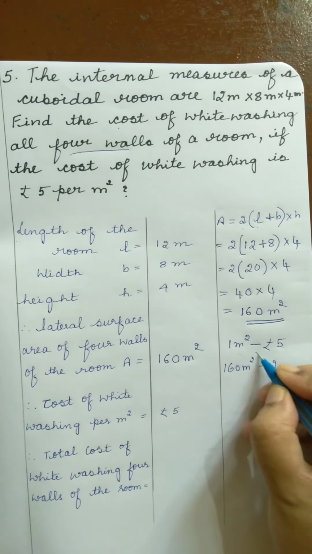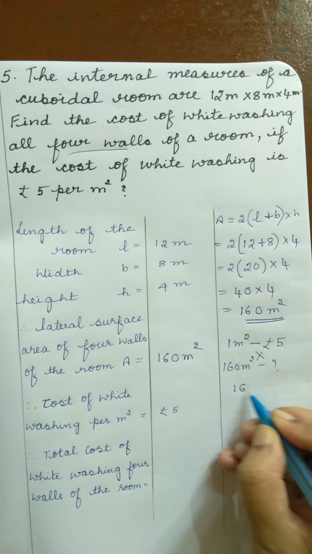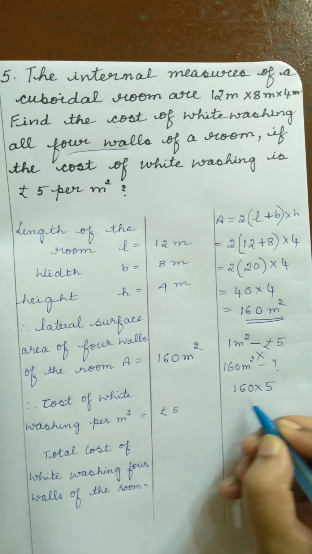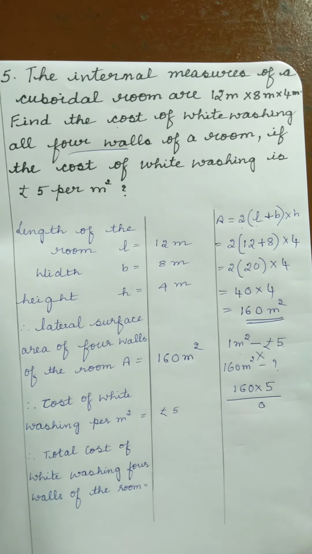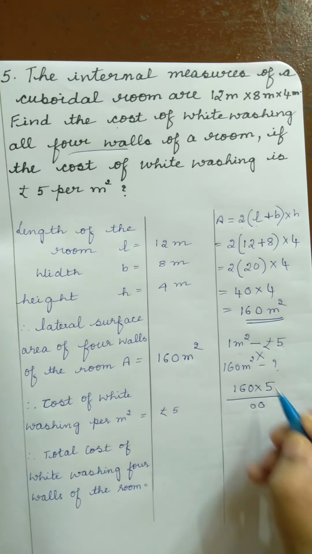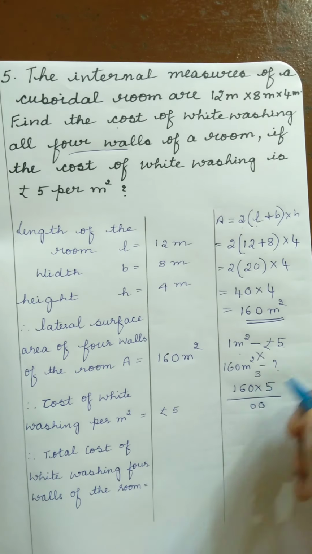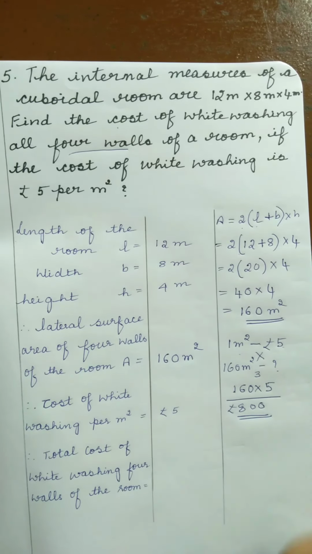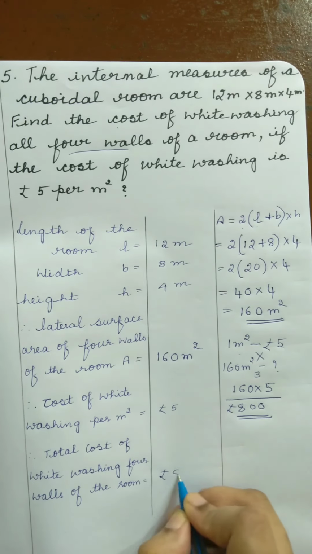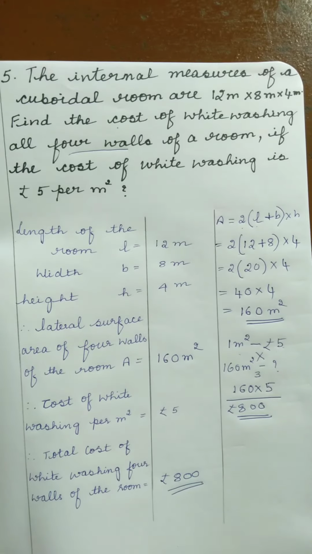When you cross multiply, you get 160 into 5, which is 800. Therefore, the total cost of whitewashing the 4 walls of the room will be equal to rupees 800.